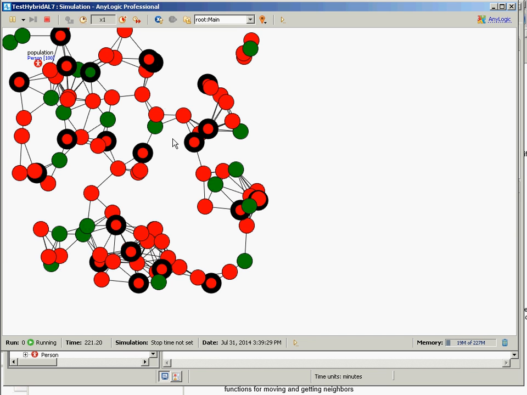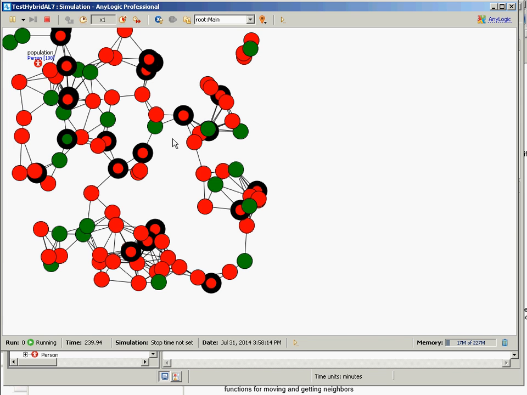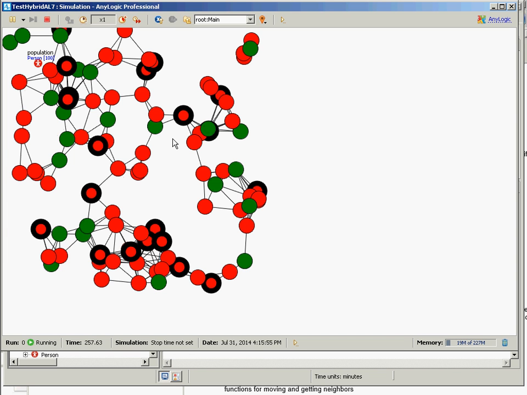It varies some by particular model. I would expect at least a factor of two. If you're talking about representing an entire population versus a small subset of the population in an agent-based model, I think we're talking integer factors sometimes. But it depends a little bit on the character of the situation.